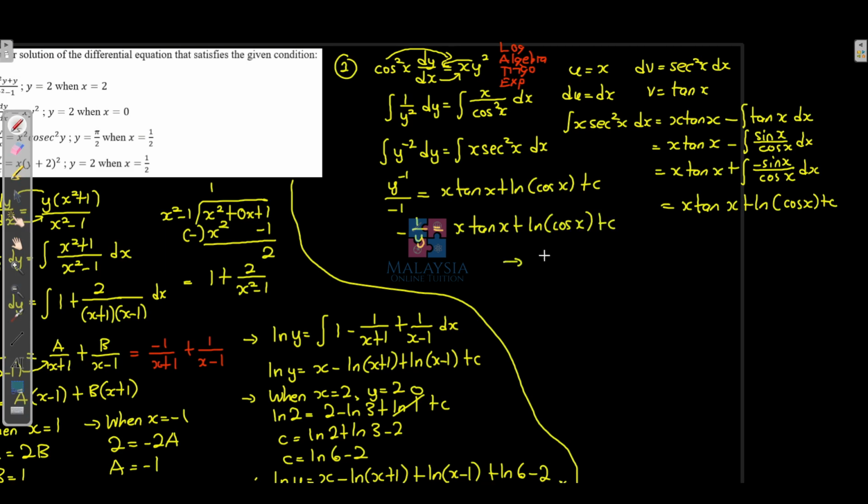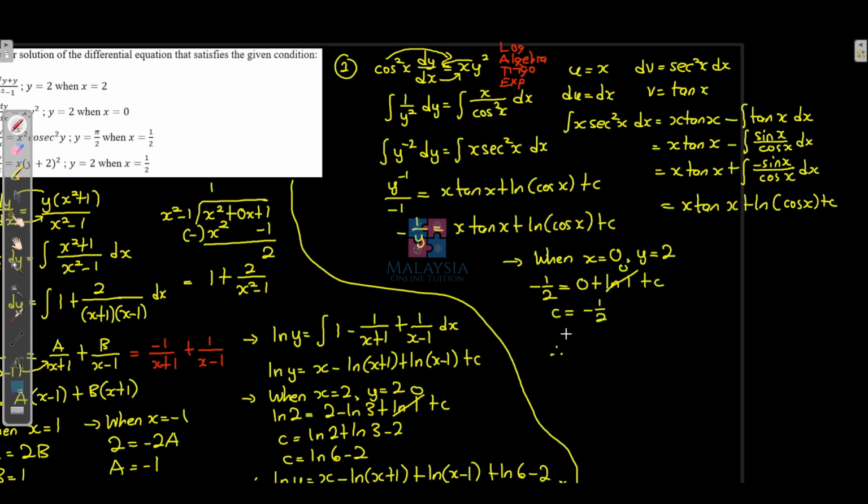Now we can substitute the limits. When x equals 0, y equals 2. So we can write negative 1 over 2 equals 0 plus ln cos 0, remember, cos 0 is not 0, cos 0 is 1. So 0 plus ln 1, which is actually 0 as well, plus c. So your c is negative 1 over 2.